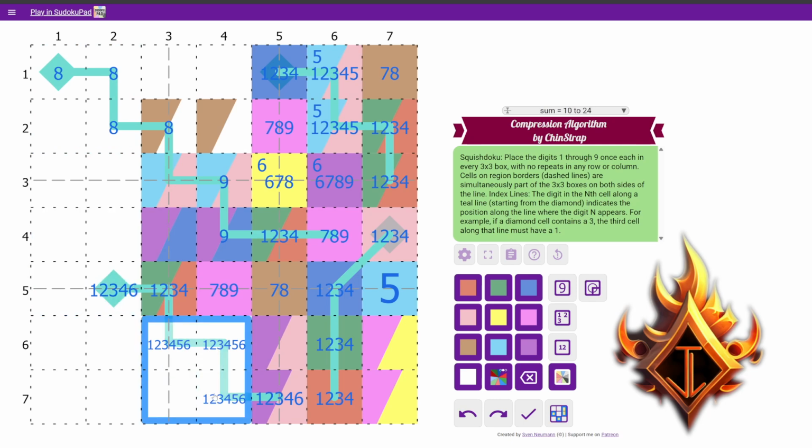One of those. Getting a lot of colors on the board, making it look a little bit chaotic.